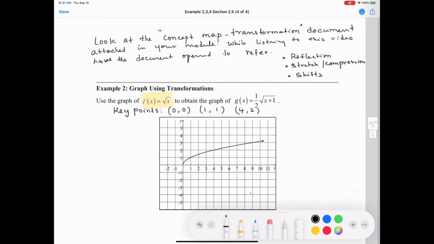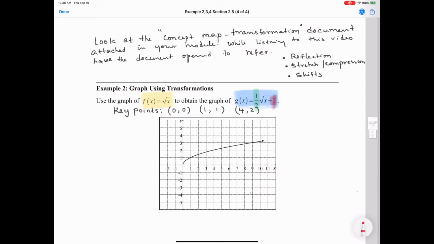Okay. The next thing is, I'm looking at a given transformed graph, and this is what I am supposed to graph. And now I need to identify the transformation. So here there are two transformations. This 1/2 is telling me there is a vertical compression by a factor of half, and the next transformation I'm seeing is this +1, which means there is a horizontal shift of the graph 1 unit to the left.